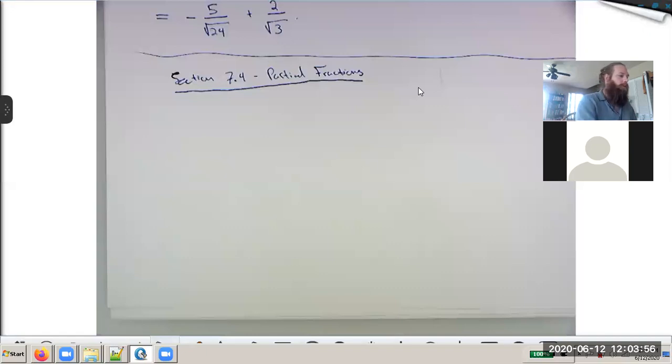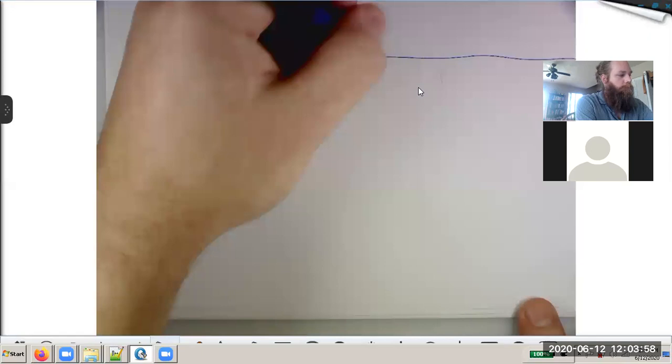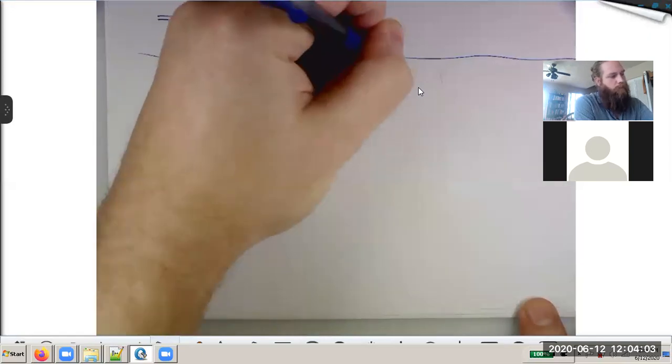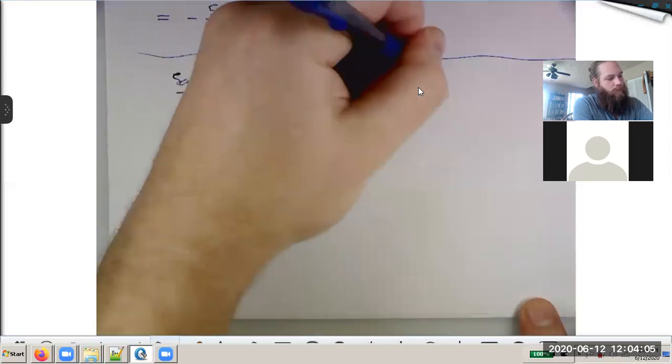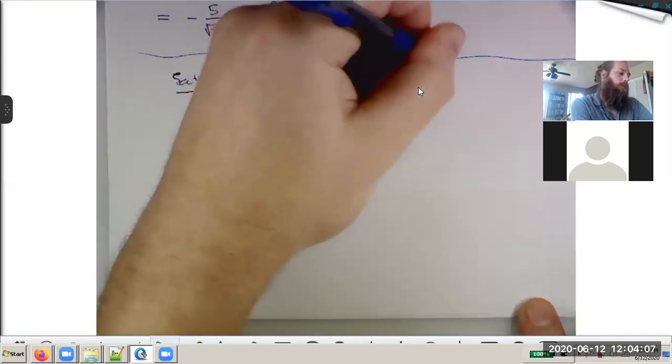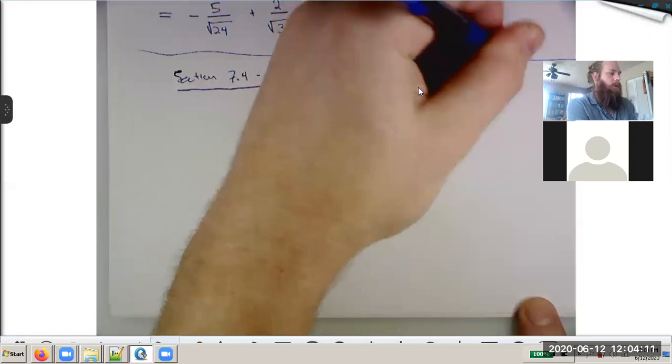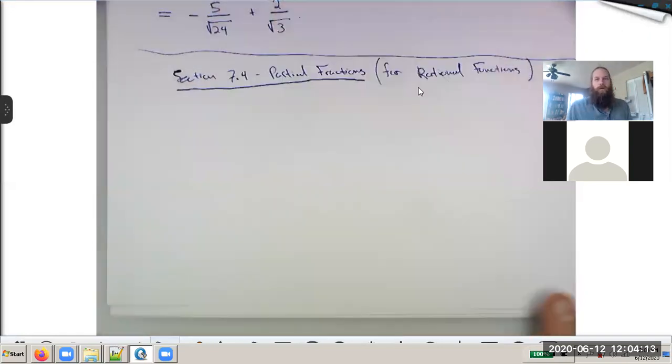It's used exclusively on rational functions. What it does is it gives you a way to take an arbitrary rational function and split it up into simpler rational functions using the factors of the denominator.